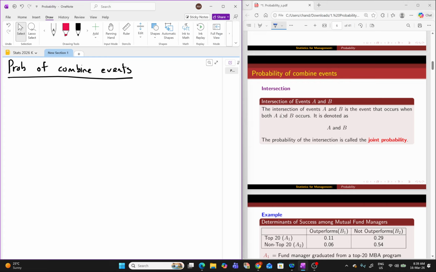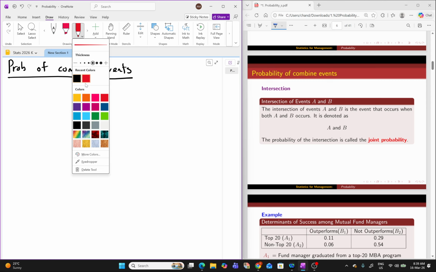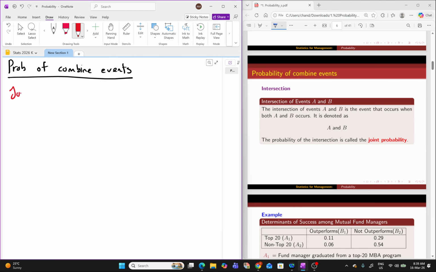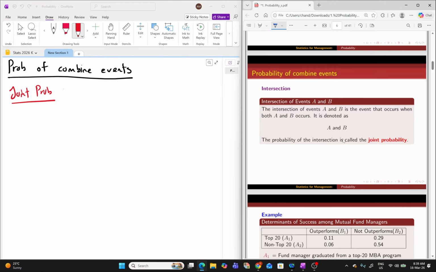We call it joint probability. The intersection of events A and B means both A and B occur. So A and B must occur together. The special name for it is joint probability.